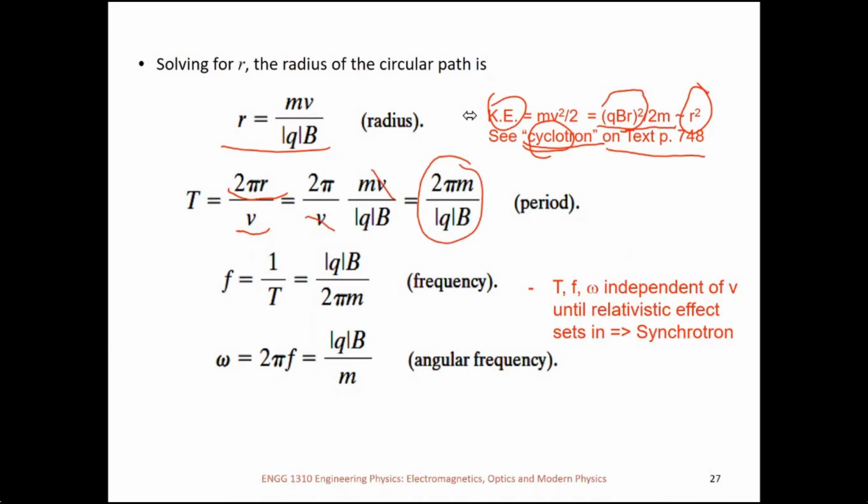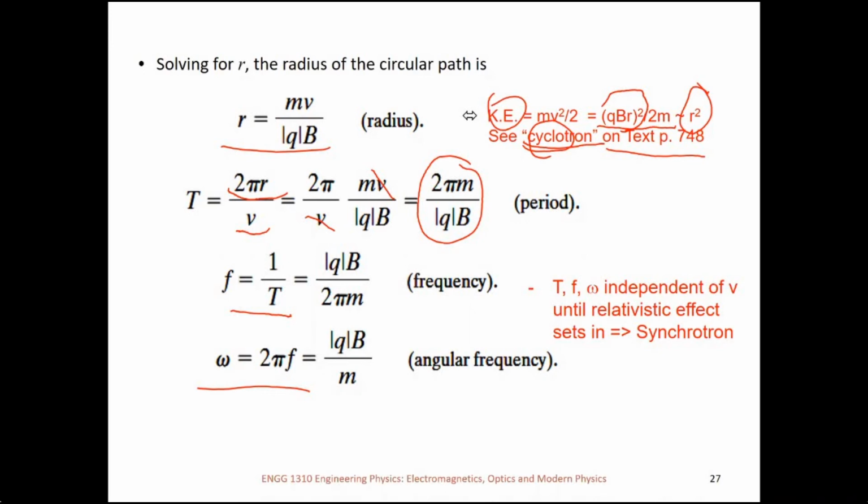The frequency is just 1 over the period, which is the reverse, and the angular frequency is 2 pi f, which would be qB over m. As you can see, the period T, the frequency f, and the angular frequency omega are all independent of the velocity, right?